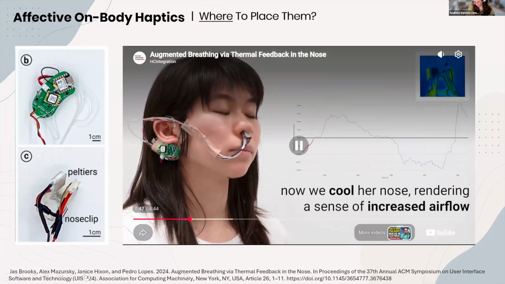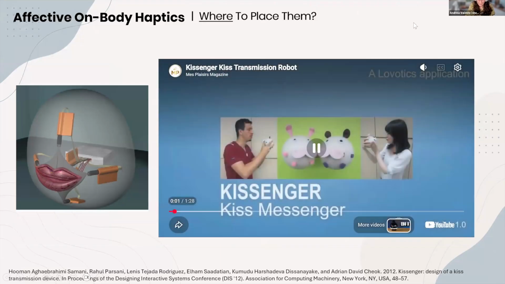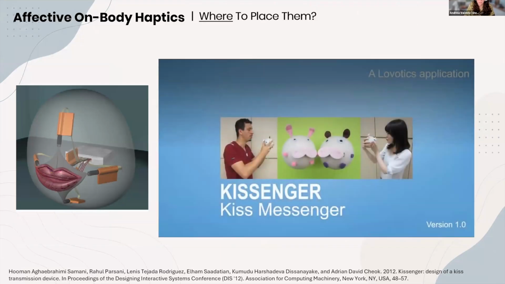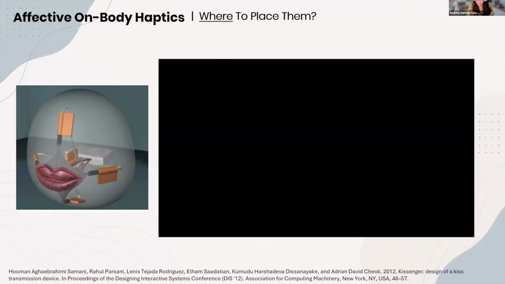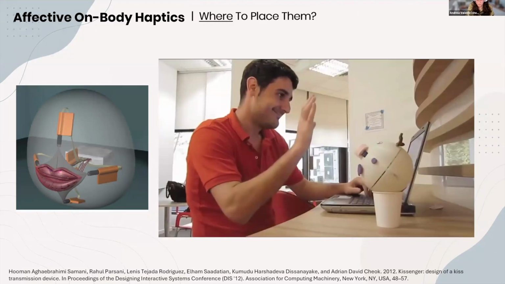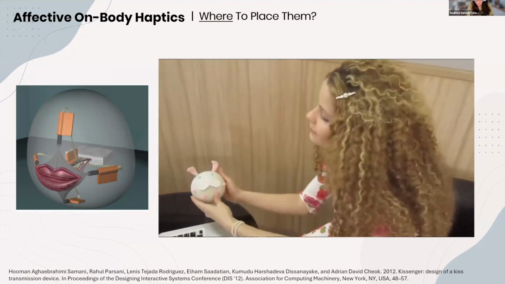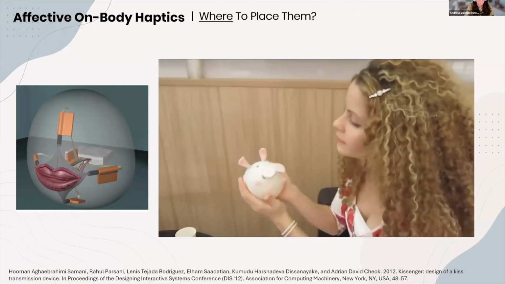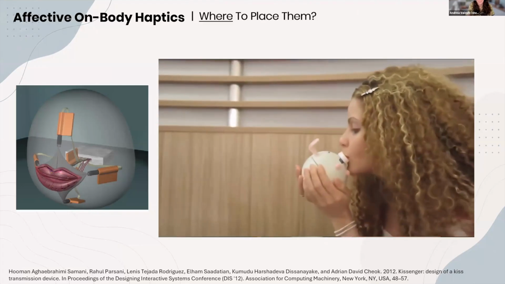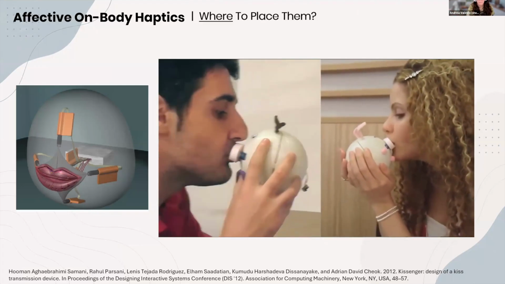Then I can show you the next one. This one is weird, but it's the Kissenger. It's a kiss simulation haptic device where two partners in remote settings each bring a device with them, and they can kiss the device on the mouth, and it senses it and creates an actuation on the other device.